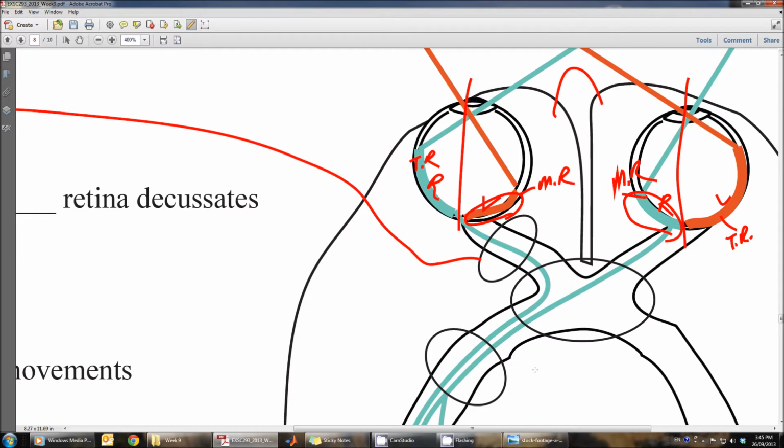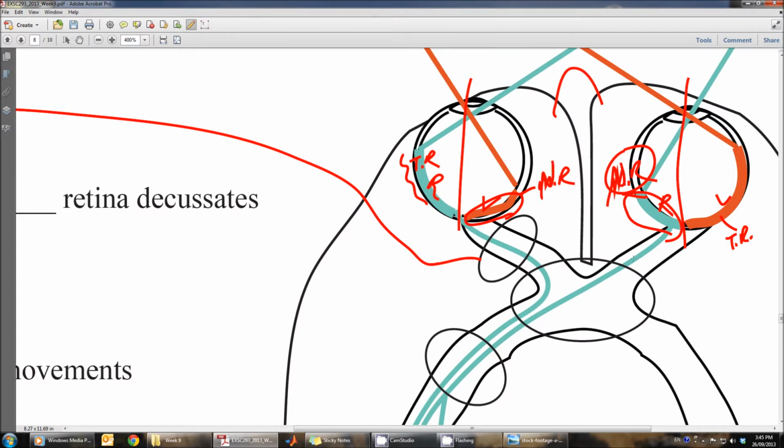So this is only shown for the right visual field. The right visual field is temporal retina for this left eye, and for the right eye, the right visual field is the nasal retina. Sorry, this is nasal, not M, so nasal retina.